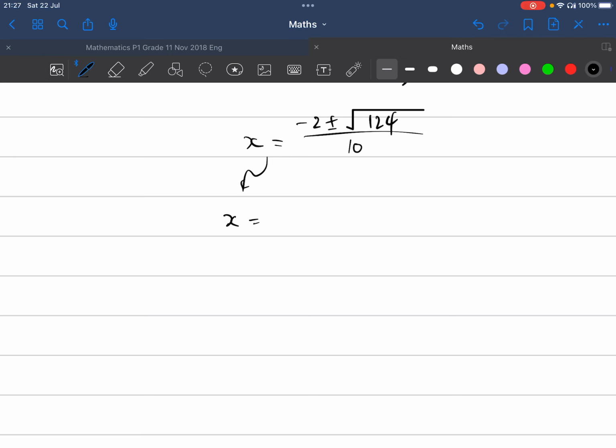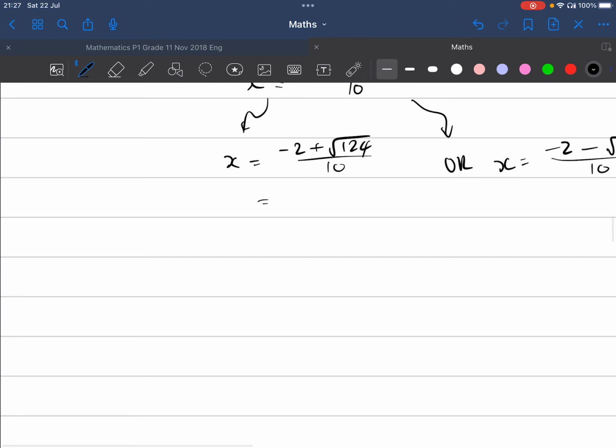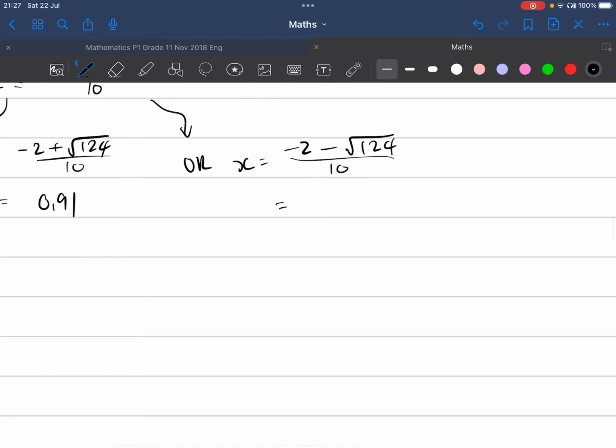Now I can split this up. So I can say x is equal to minus 2 plus the root of 124 over 10, or x is equal to minus 2 minus the root of 124 over 10. Let's evaluate each of those on our calculator. Minus 2 plus the root of 124 over 10 gives us 0.91, or minus 2 minus the root of 124 over 10 gives us negative 1.31.